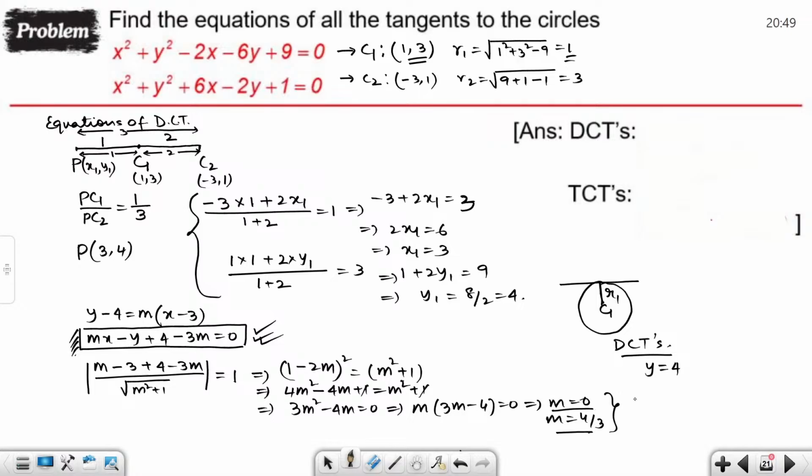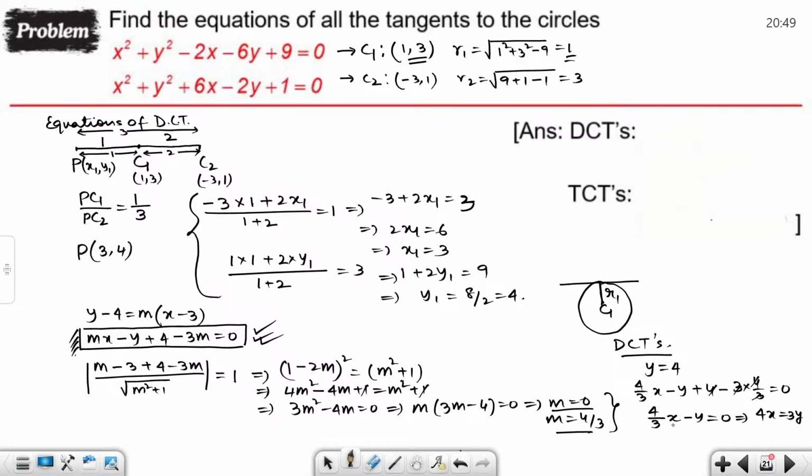And when m is 4 over 3, the equation will become 4 over 3 x minus y plus 4 minus 3 times 4 over 3, which equals 0. So from there we are getting 4 over 3 x minus y. 3 goes off, so the 4 also goes off, which equals 0. So from here we are getting that 4x equals 3y.